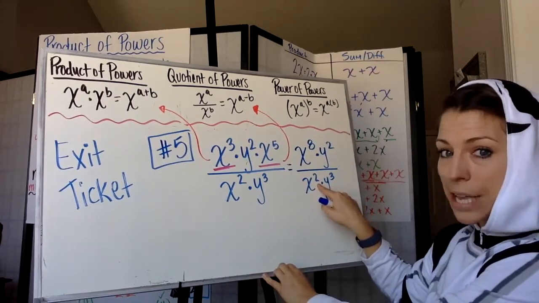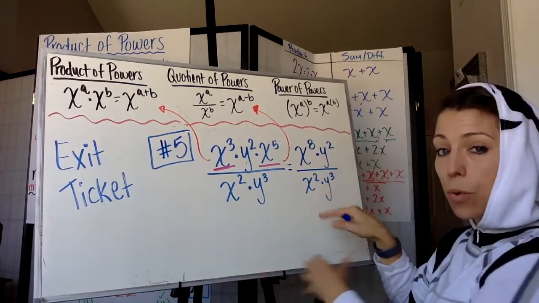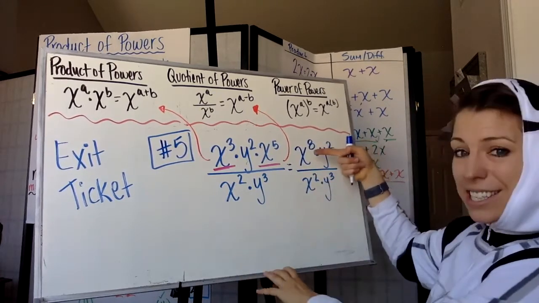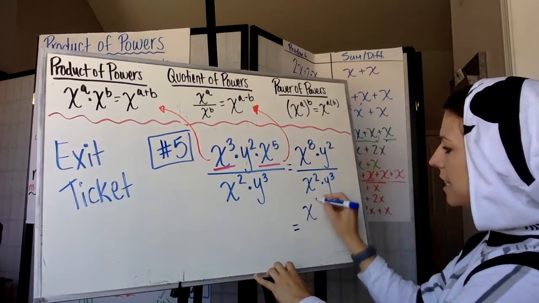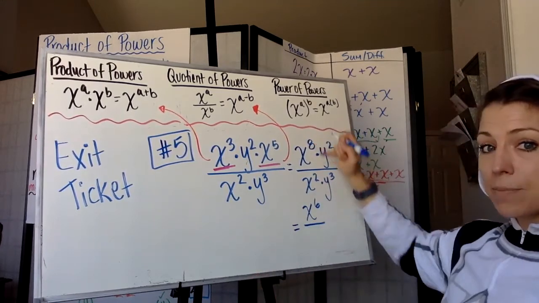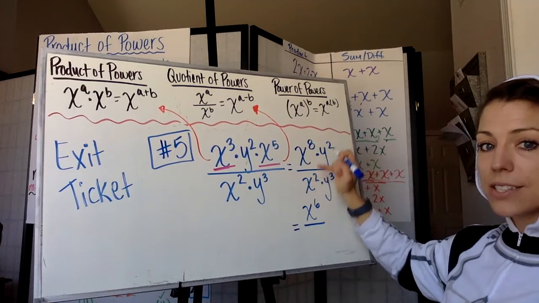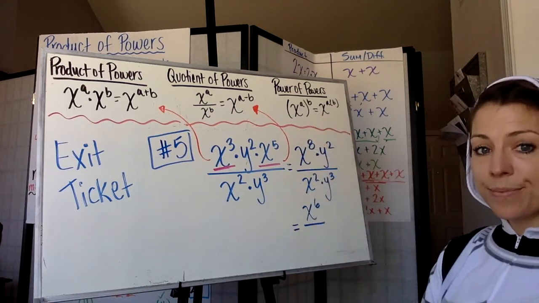That would be 6. But am I left with 6 in the numerator, or am I left with 6 in the denominator? Well, which one has more? 8 is clearly more. That means I'm left with x to the 6th in the numerator. 2 of these x's became big ones with these 2 x's. So that leaves me with x to the 6th in the numerator.